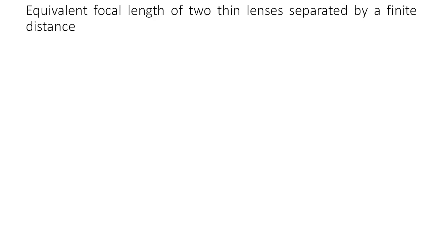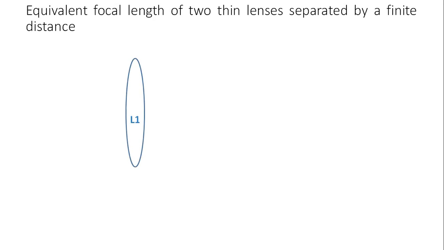Here, in order to derive an expression for equivalent focal length, I am going to explain the derivation by taking lens L1 first, then lens L2. Then we are going to combine the lenses L1 and L2 to derive the expression. Let us start from the first lens L1.